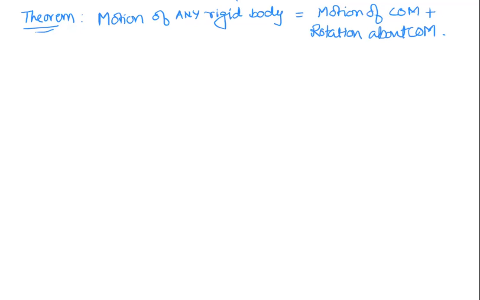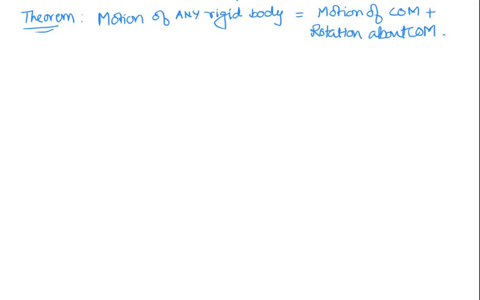It may be any number of types of motions. And you will also see that the object is rotating about its center of mass. It turns out that these two quantities are independent of each other.